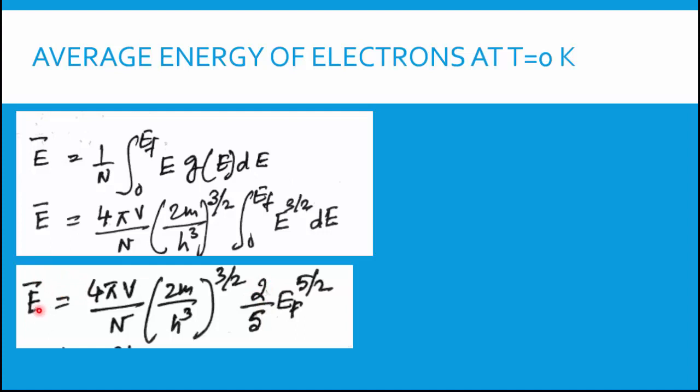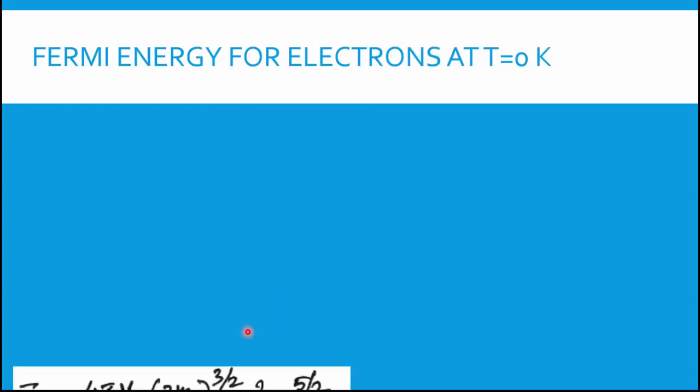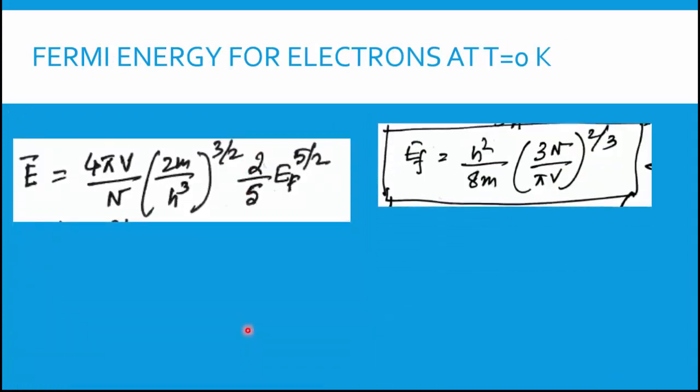So I get it this way: E bar is equal to 4 pi V over n, into 2m by h cubed to the power of 3 by 2, into 2 by 5 EF to the power of 5 by 2. So I have done this integration and substituted here. Furthermore, I already derived the relation between Fermi energy and the total number of electrons a few slides back, so I will take help of this value.